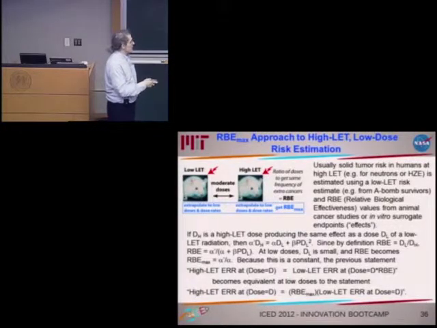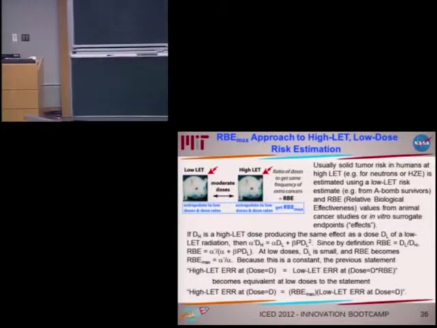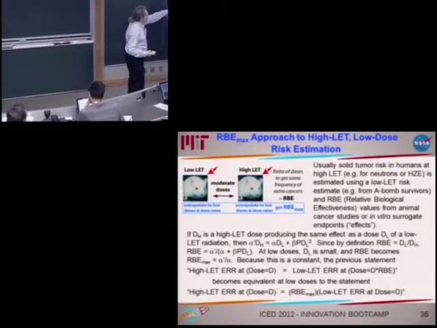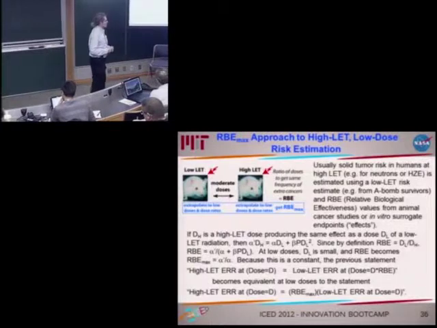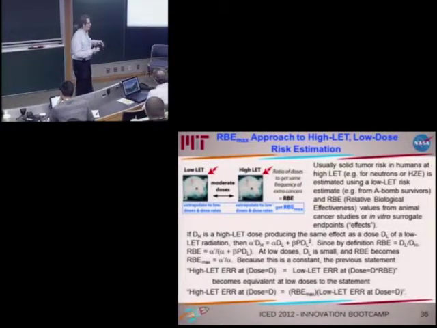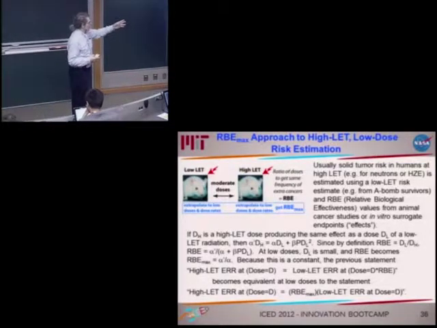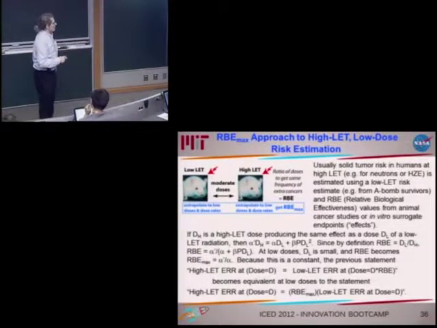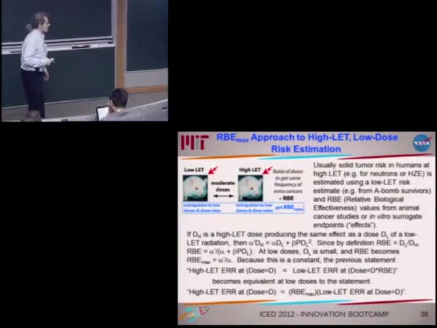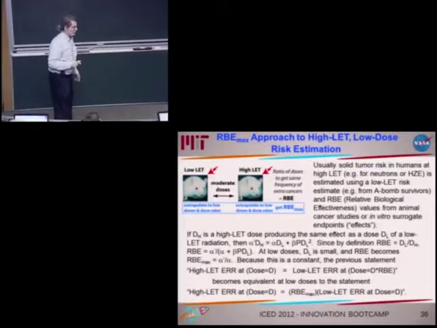We can translate this second to last equation here, I LET ER a dose T equals the low LET ER a dose D times RBE. That was the one relevant to the more moderate doses. Now we can pull out the RBE from the right-hand side, because the right-hand side has effectively become linear, so everything becomes proportional. You can get away with that.